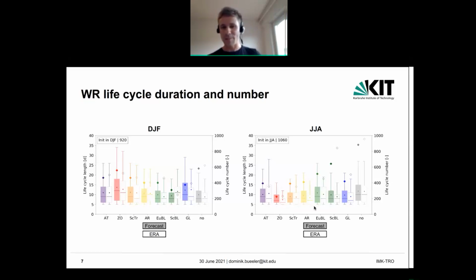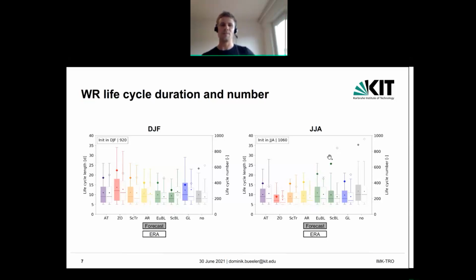And coming back to summer, as I said, the duration is relatively well captured. But when we look now into the life cycle number, so the diamond symbols, we see that the mismatches become larger. So for instance, as you see here, the Scandinavian blocking regime is under-predicted in the sense that the forecasts have too few Scandinavian blocking life cycles in summer, but rather too many European blocking life cycles.